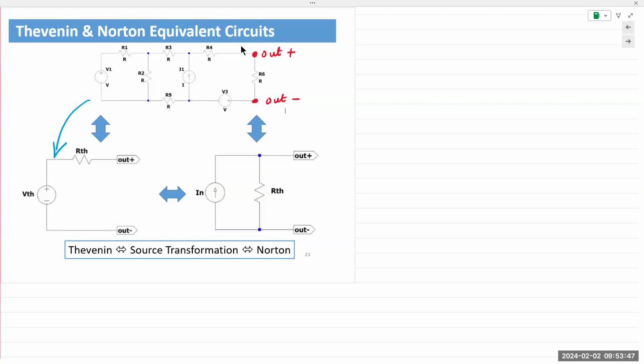So his theorem postulated that you could take the component out and represent the rest of the circuit as a current source in parallel with a resistance between those same terminals. And that came to be known as Norton's theorem, or Norton equivalent network, or Norton equivalent circuit.